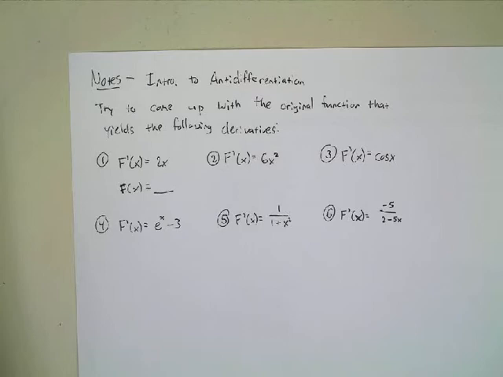So that constant just disappears. So what does that mean if you go backwards? You could have any constant, right? So you denote that by saying c.